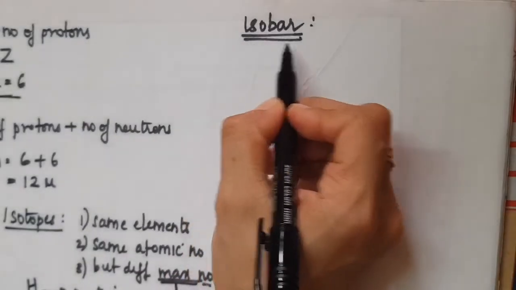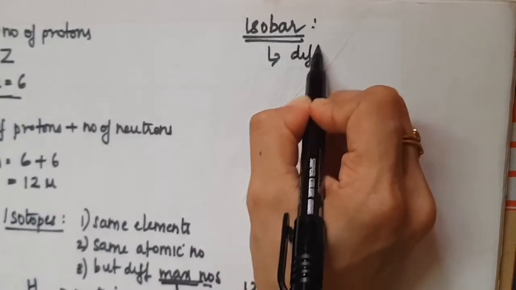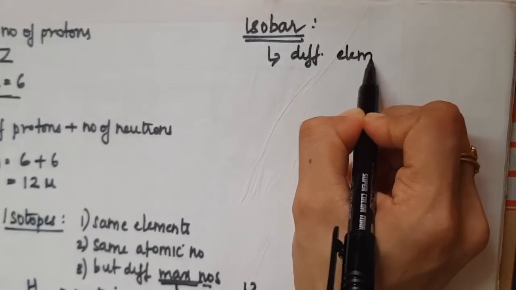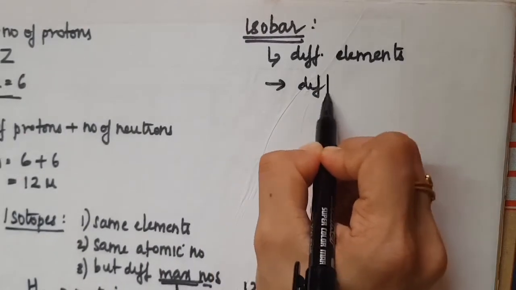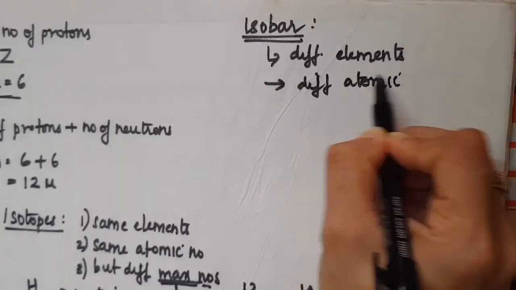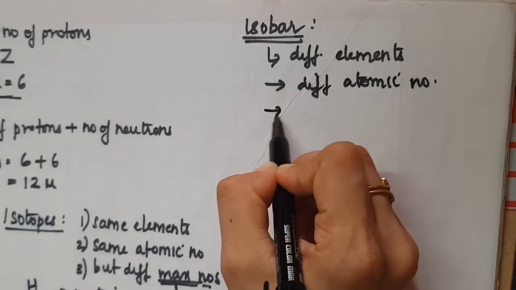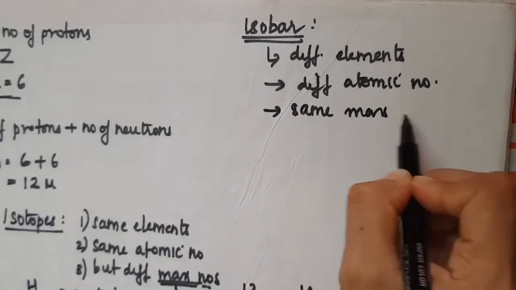Now we'll see what is isobar. Isobars are different elements, okay. They are totally different elements. So since they are different elements, they'll have different atomic number, okay, but they have same mass number, okay.